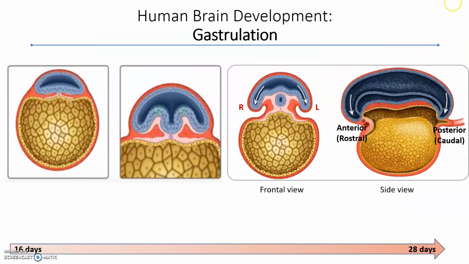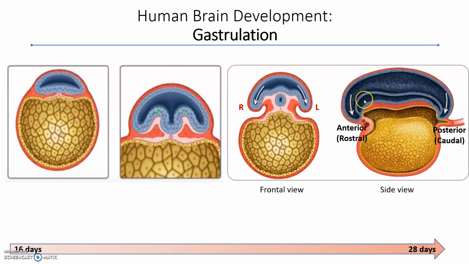As a refresher for this week's lecture, I'm gonna go over the gastrulation process really quickly. So we have our embryo here, and we know that we have our epiblast, and that the cells of the epiblast will start to differentiate and migrate, and eventually the neural tube is gonna form. Here we have the frontal view and the side view.